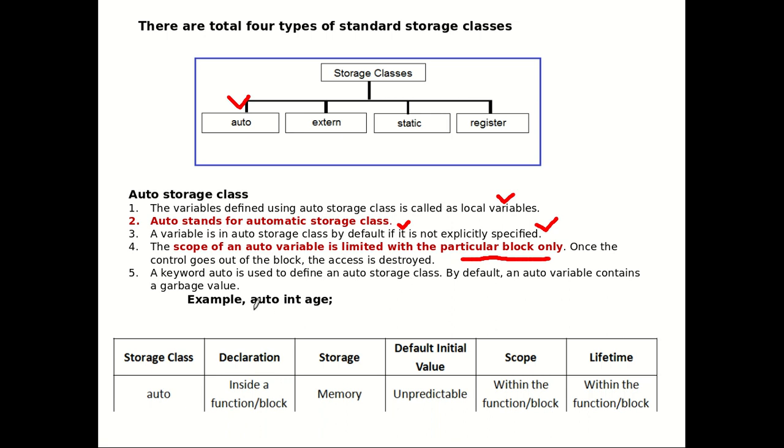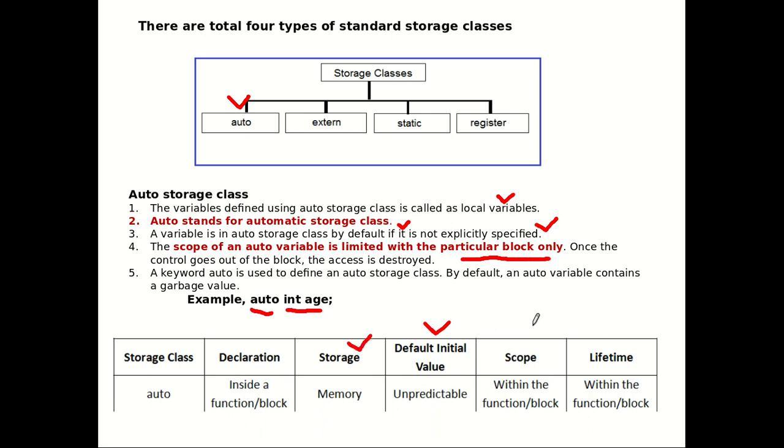Let us consider an example of how to declare a variable using the auto storage class. This part is the variable declaration, and we prefix the declaration with the auto keyword. Whenever we declare a variable using the auto storage class, it is initialized with a garbage value, and the variable is allocated in memory.